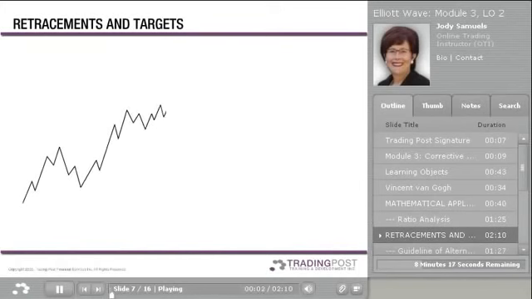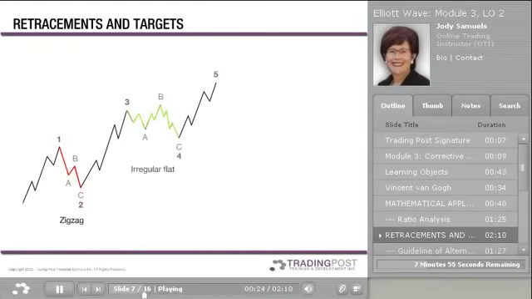Take a look at this 5-wave sequence labeled 1, ABC, 2, 3, ABC, 4, and 5. First, a comment about that sequence. We just learned all about corrections and the forms they may take. Here we have a wave 2 correction, which is a zigzag and very typical of wave 2s.